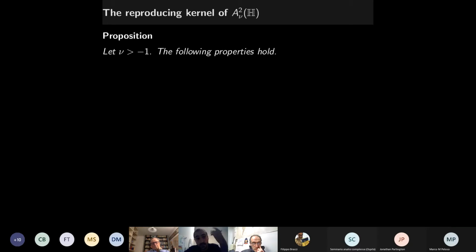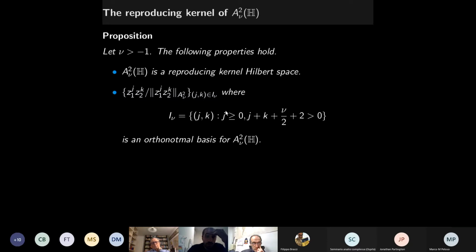Of course, the weighted Bergman spaces I defined are reproducing kernel Hilbert spaces. An orthonormal basis is given by the normalized monomials z1 to the j, z2 to the k, where we have this restriction on the parameters: j greater or equal to 0, and j plus k plus nu over 2 plus 2 is strictly greater than 0.